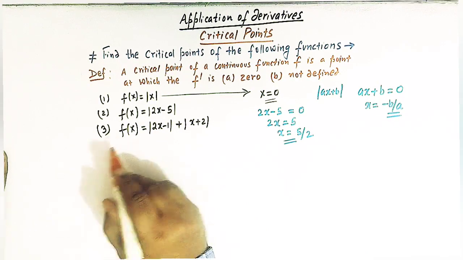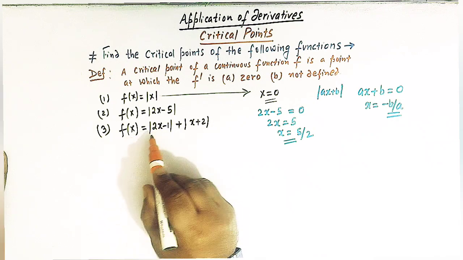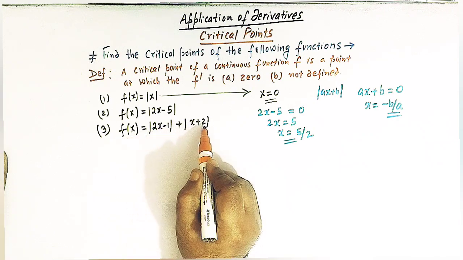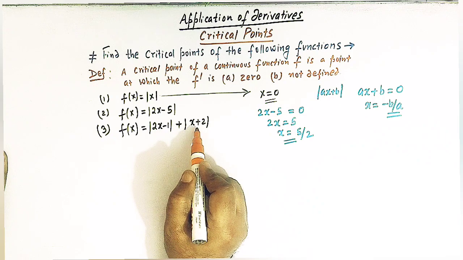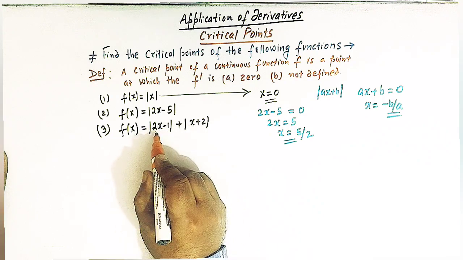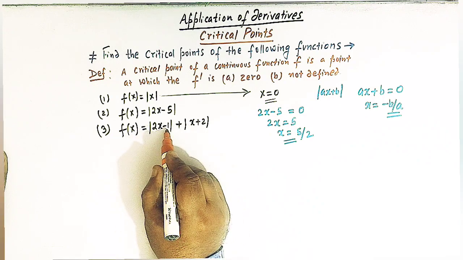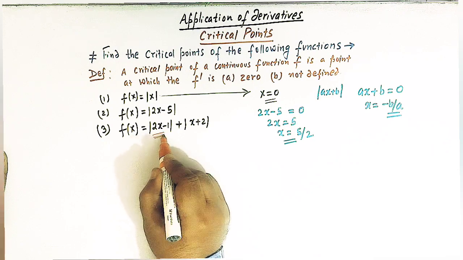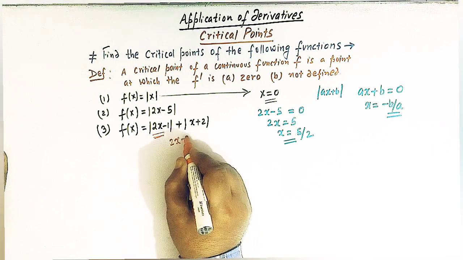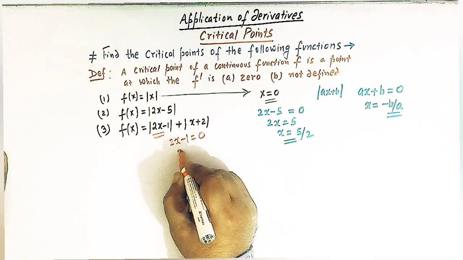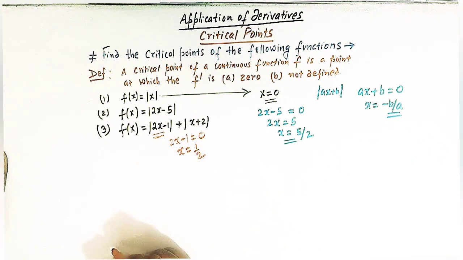Now let us consider the third function. So here we have the combination of two mod functions, that is sum of two mod functions. So the first one, that is mod of 2x minus 1, this function is not differentiable when 2x minus 1 is equal to 0. It means x is equal to half, right?